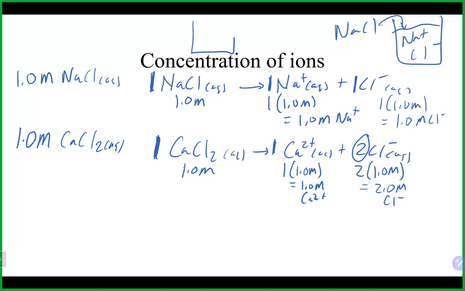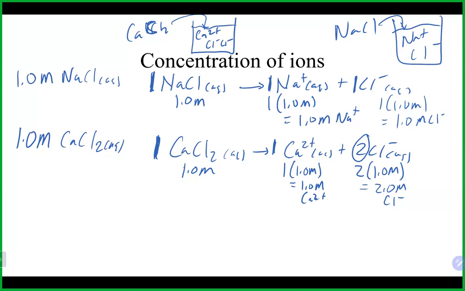And if you just take a beaker view of it, when calcium chloride goes in, you get a calcium ion and 2 chloride ions floating around. It is basically twice as concentrated in chloride as it is in calcium, and that's what we see with the concentration: 1 molar for calcium, 2 molar for chloride.